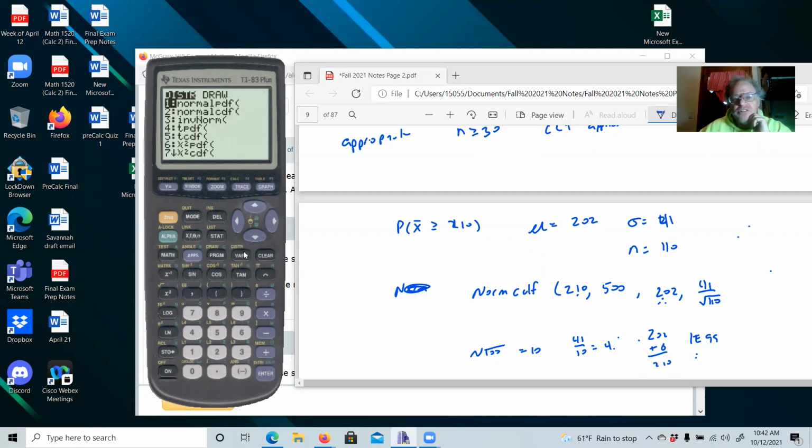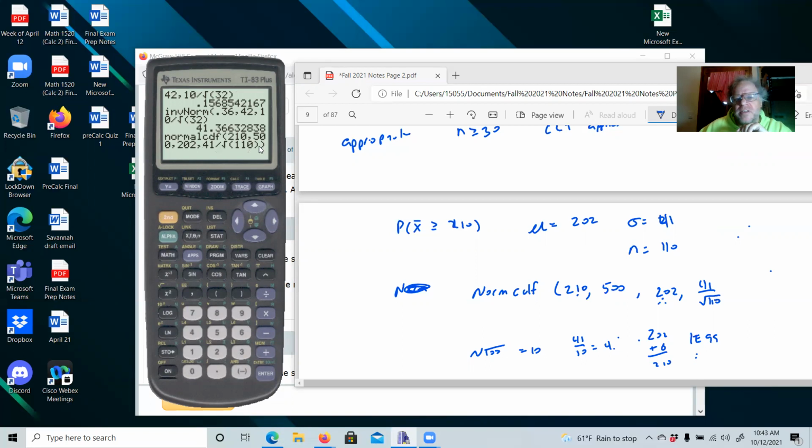So second function, distribution, norm CDF. What's my low number? My low number is 210. My high number, I said that was going to be 500. If you said 1,000, it's fine, it'll work. 202 for my mean, and my standard deviation is 41 divided by the square root of 110.